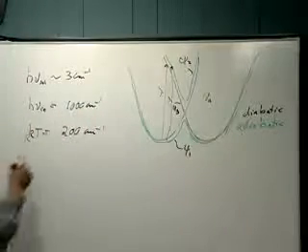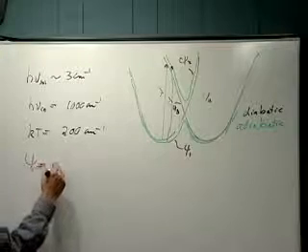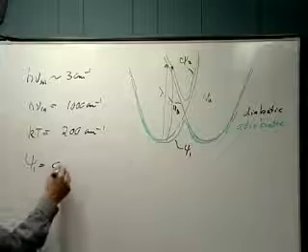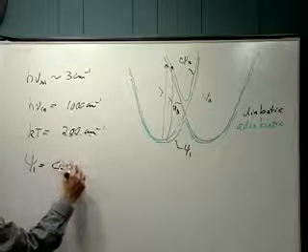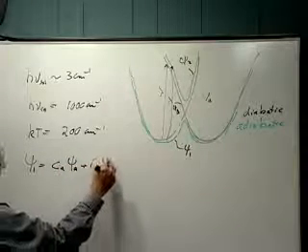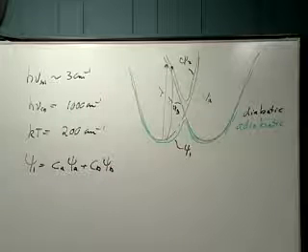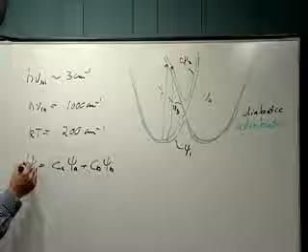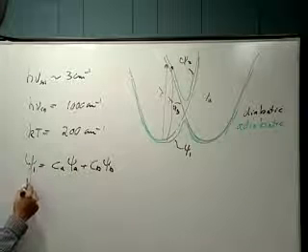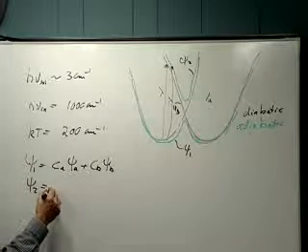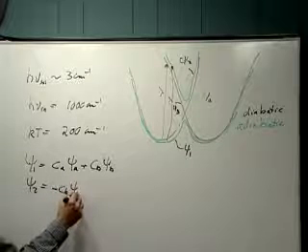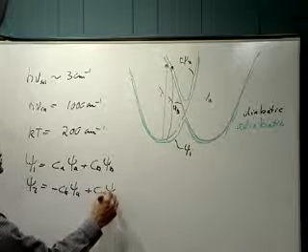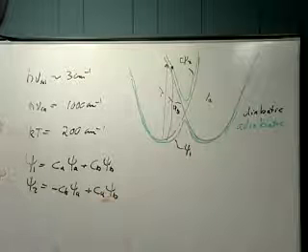Psi 1 is going to be, it's a two-state problem, so we only have these two states, so we'll have Ca psi A plus Cb psi B is one surface, is one wave function. This is the adiabatic. These are the diabatics. And the other adiabatic surface will be minus Cb psi A plus Ca psi B, where you switch the coefficients.